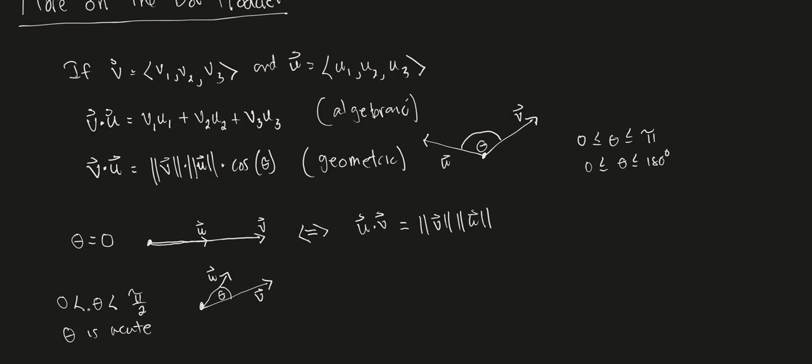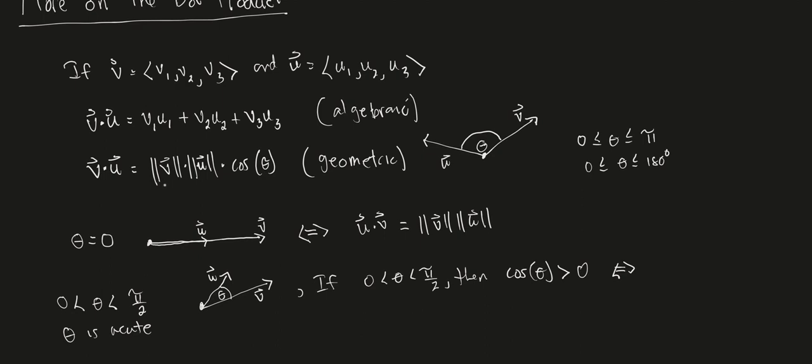Obviously we're not going to be able to write down a relationship for every single theta, but what we can say is when theta is between 0 and pi over 2, the cosine of theta is always positive, because it means the angle is in the first quadrant, right? But think about what that would mean for the dot product.